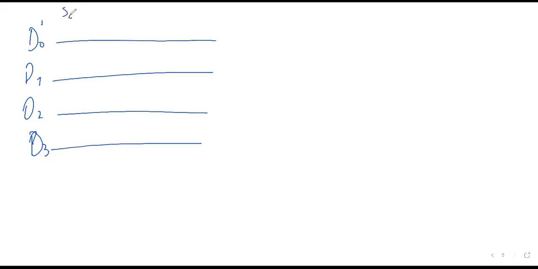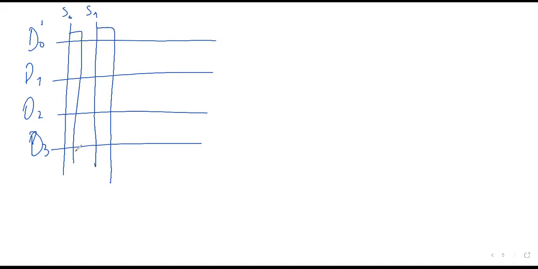I have my selectors S0, S1. So this is S0. I have another selector S1, and S1 not.